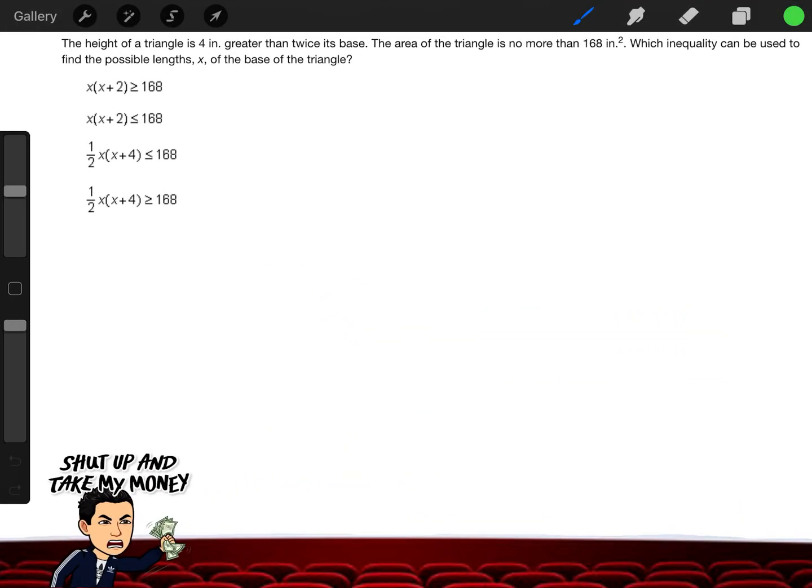All right, so the height of a triangle is 4 inches greater than twice its base. This is some key information we need. And they said that the area of the triangle is no more than 168. So what's the inequality if we use the variable x for the base?